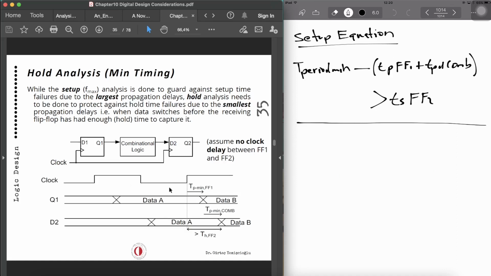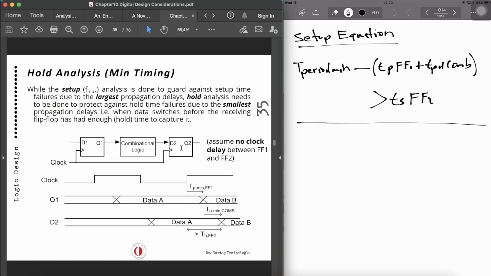And the timing diagram for that, so the rising edge of the second flip-flop is here. So the minimum propagation from flip-flop 1, plus the minimum combinational logic delay, has to be greater than the hold time of flip-flop 2. If it is less than that, it violates, there will be a hold time failure.